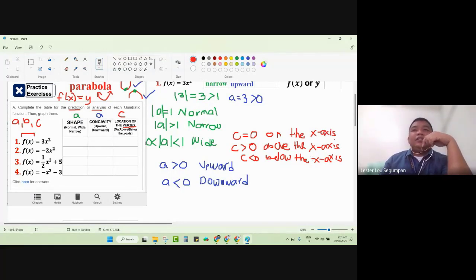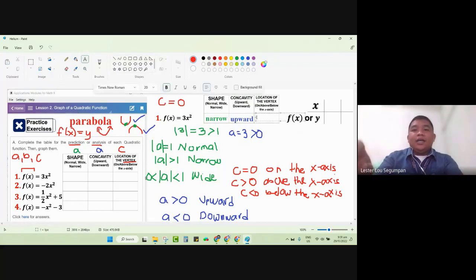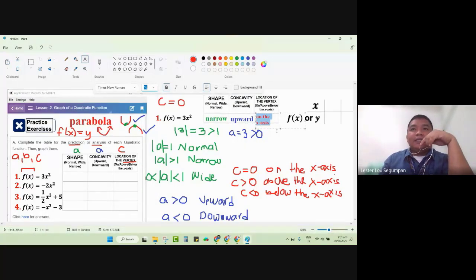So that is just the part of the analysis. If we are going to look at our first function here, obviously C is not around, or C is equal to 0, it would mean that the vertex is located on the x-axis. It should appear on the x-axis. So later we will see if it's really on the x-axis.